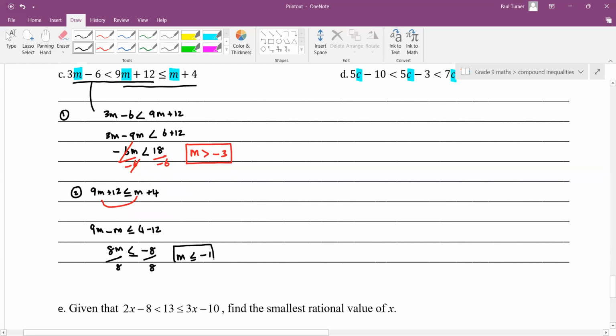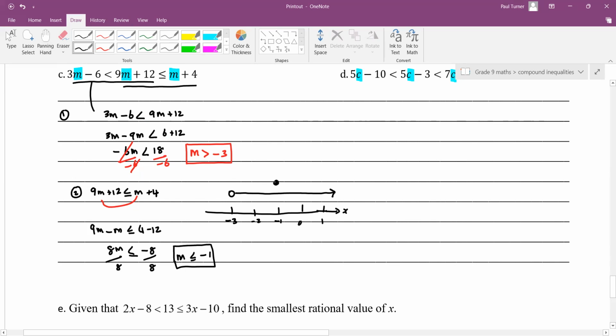All right, so I think you can put that onto the number line easily. So let's do that real quick. So we've got negative 3 here, negative 2, negative 1, 0, 1. So greater than negative 3, that would be here. Less than or equal to negative 1 is here.